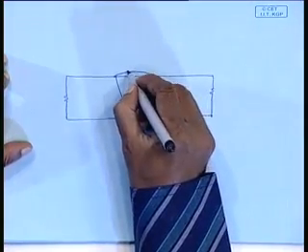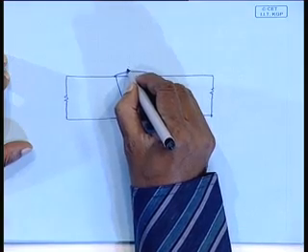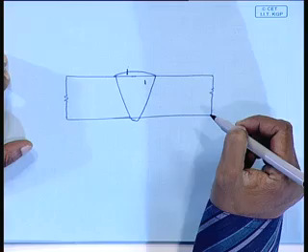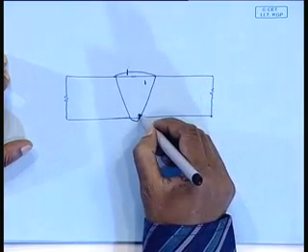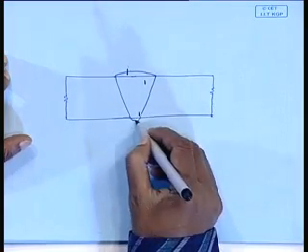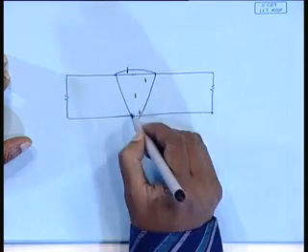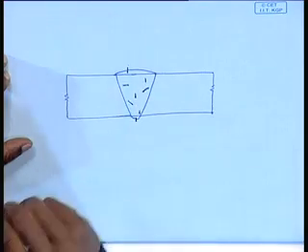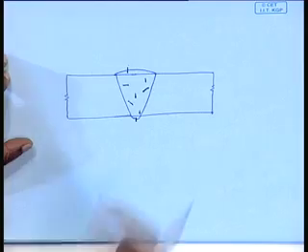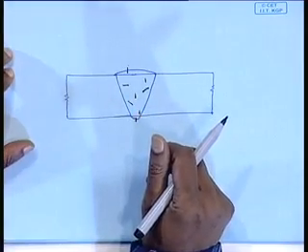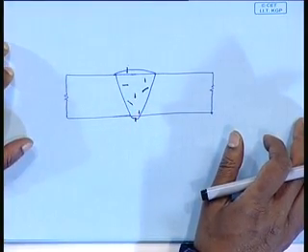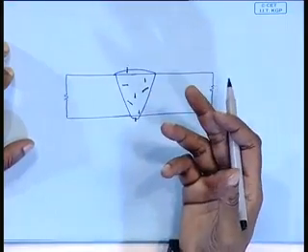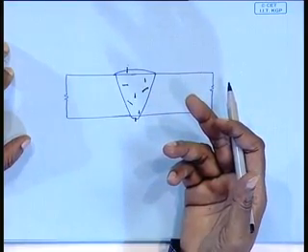Now, a flaw can be at the surface, on the upper surface of the joint, at the lower surface of the joint, at the bottom, or in the middle, in different locations and different orientations. Where it is taking place is also important, because depending on the location its detection becomes different. That is number one.